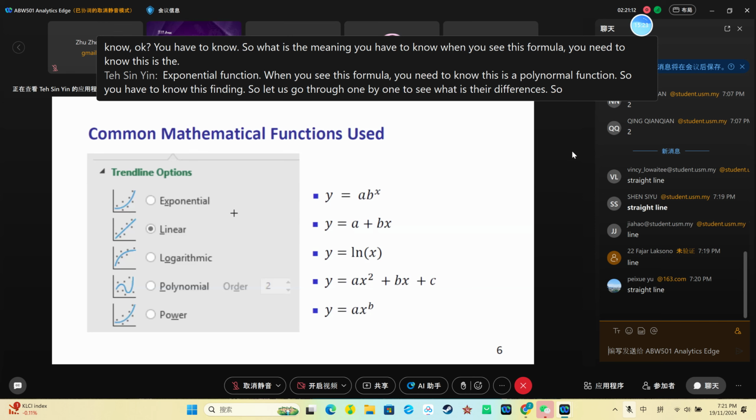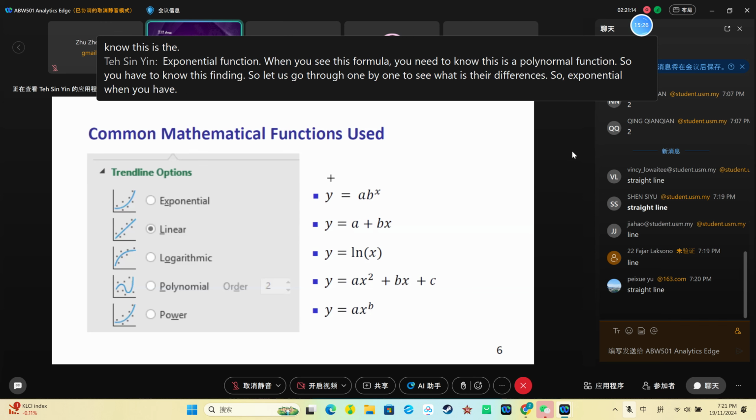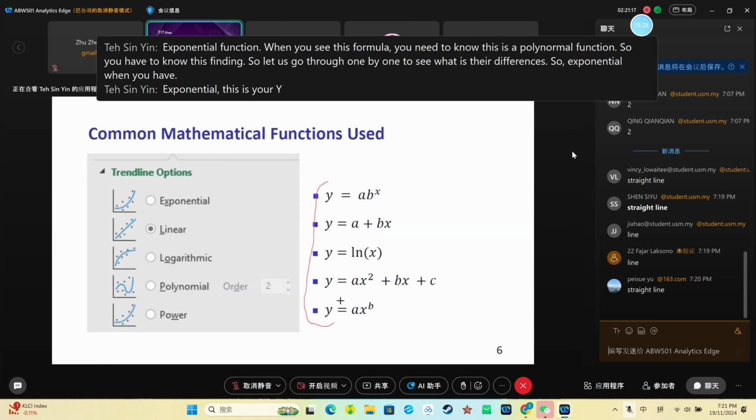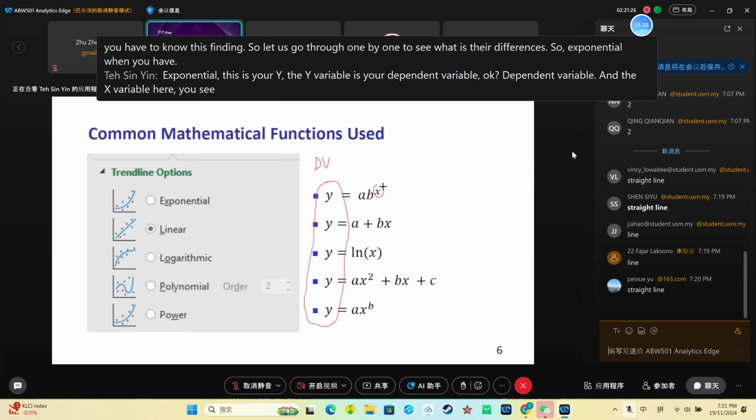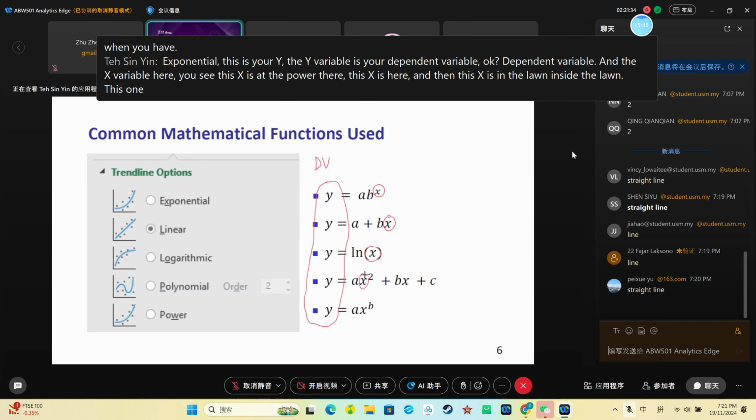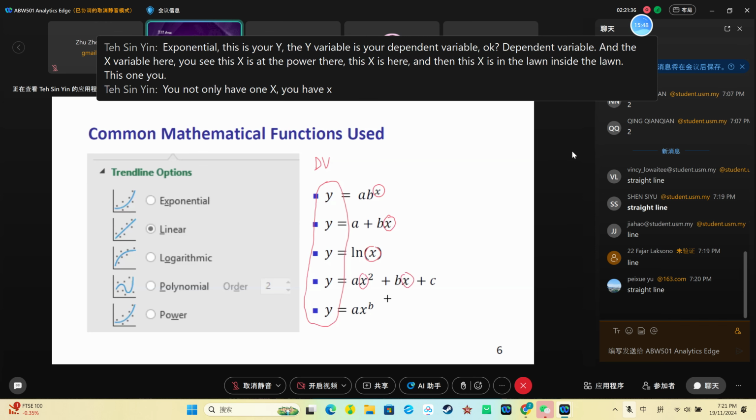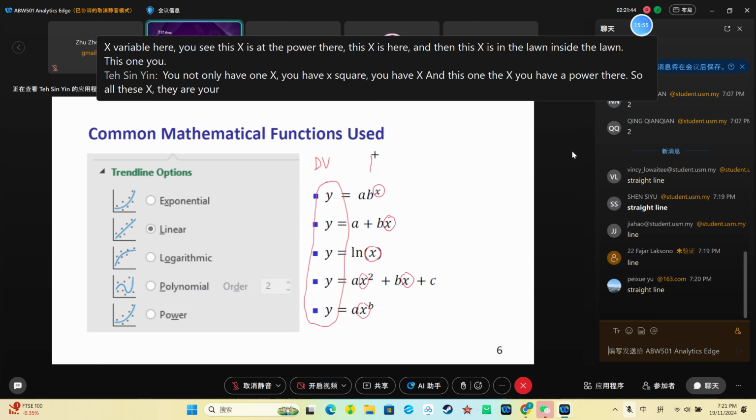So exponential. When you have exponential, this is your y. The y variable is your dependent variable. And the x variable here, this x is at the power, this x is here, and this x is inside the ln. This one, you not only have x, you have x squared, you have x. All these x are your independent variables.